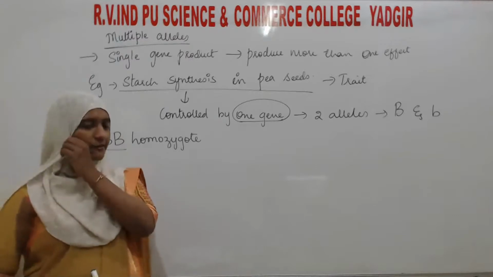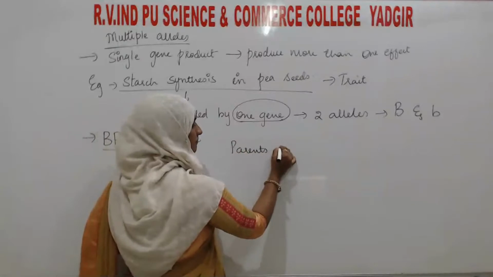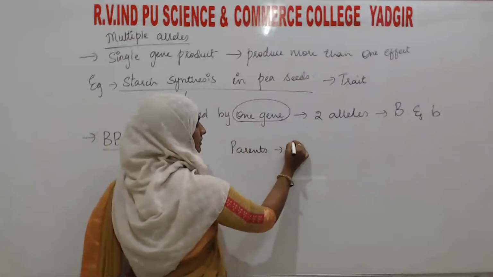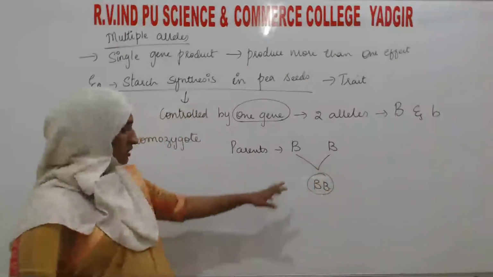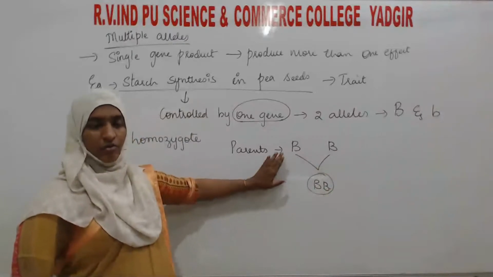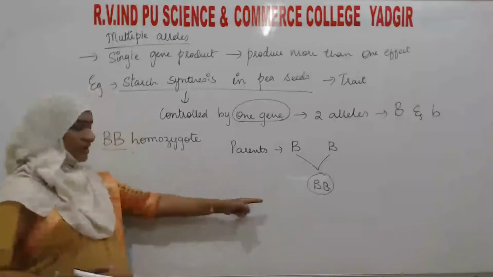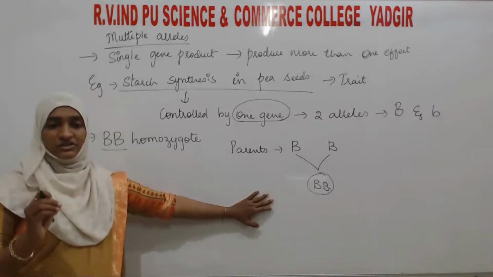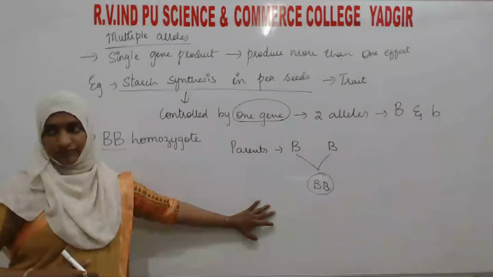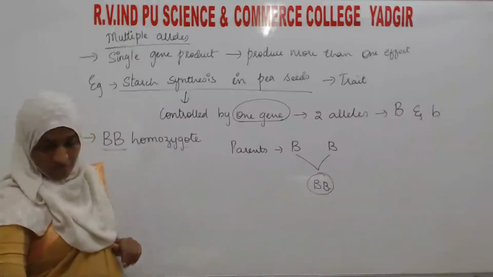Homozygous condition means these are the parents, capital B, capital B. If they mate, the offspring will be capital B and capital B. They both are dominant and both are expressing themselves, so we call that the homozygote condition. Here the starch synthesis is much more effective.